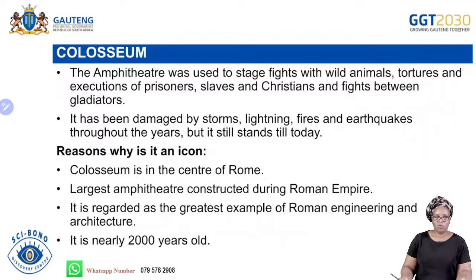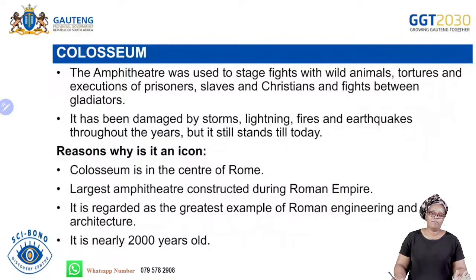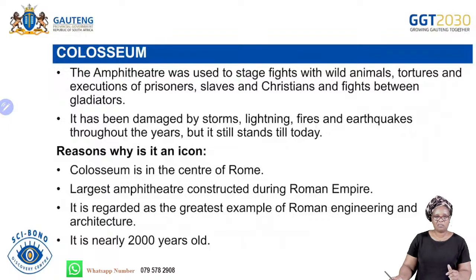This is what it was used for. It was used to stage fights with wild animals. So people just go there to watch when people were fighting with wild animals. It was a form of entertainment to other people.